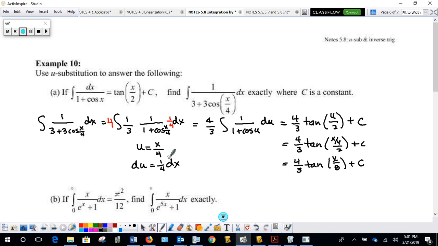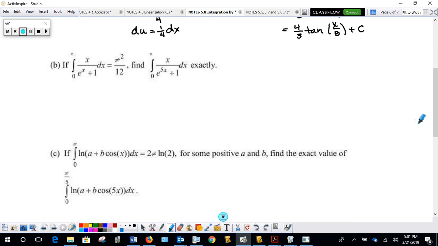So the idea is that you recognize that you have a multiplier that you're going to pull out. Then you do a u substitution, put your corrector in, and then once you get this form to match, it doesn't matter what the letter is here and here. That is the exact same form. So the only thing you have to do is to make sure that your letter matches, and you can do the problem.